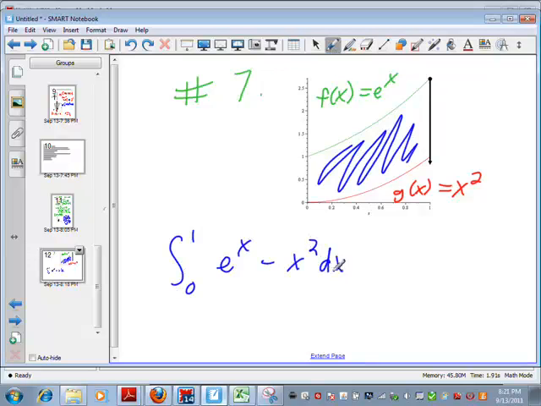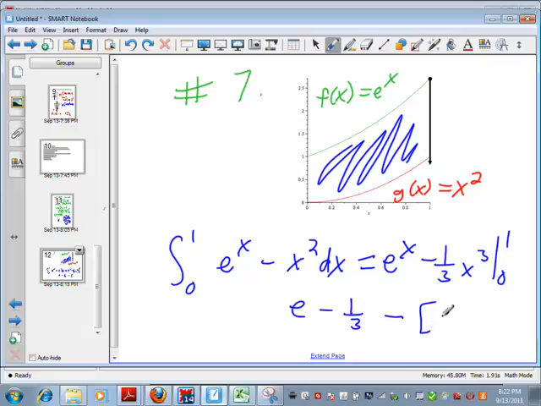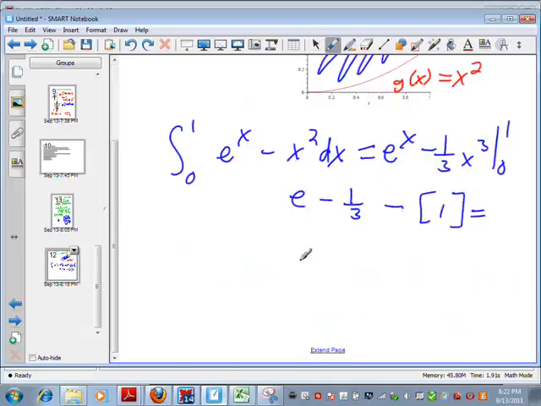The functions will be a little bit more complicated, but they'll be things that you know how to do. It's just that simple. The whole test is just about taking integrals. By the fundamental theorem of calculus, e to the x minus 1/3 x to the third, evaluated from 0 to 1, is e minus 1/3 minus 1, which is e minus 4/3.